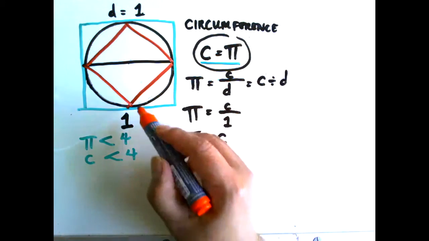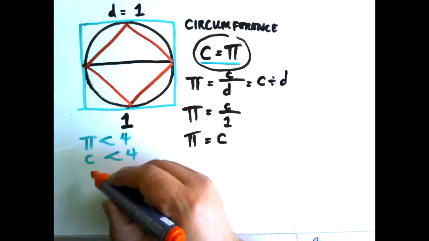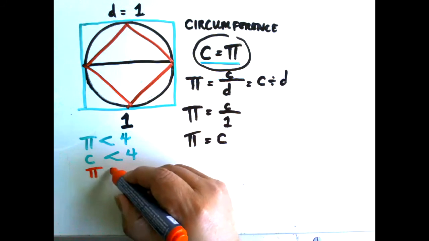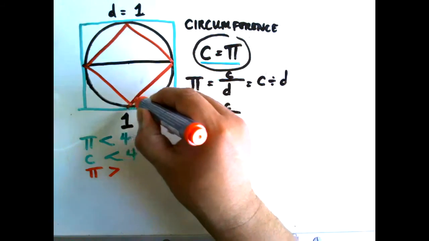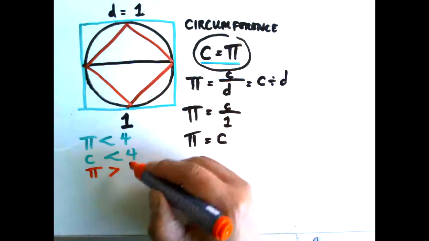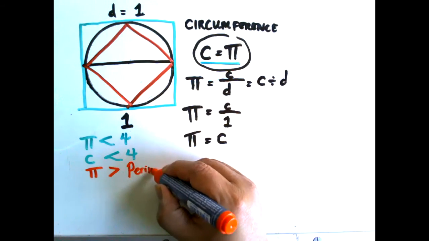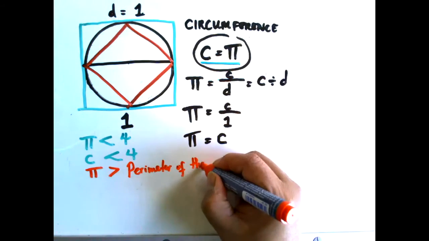I can also say that pi is greater than the perimeter of the small square.